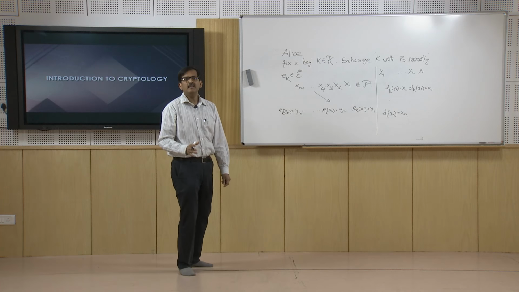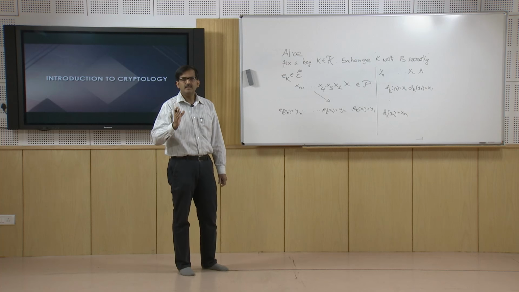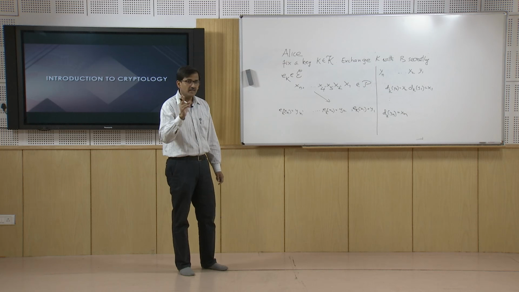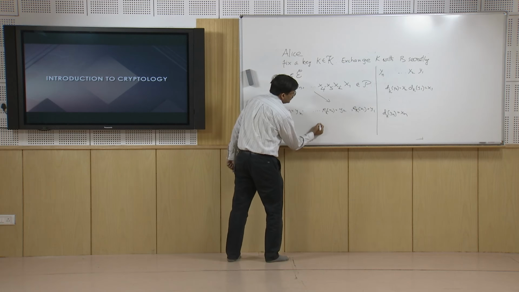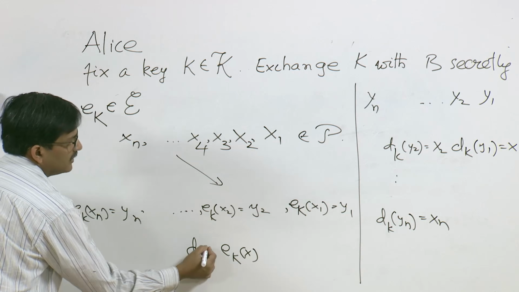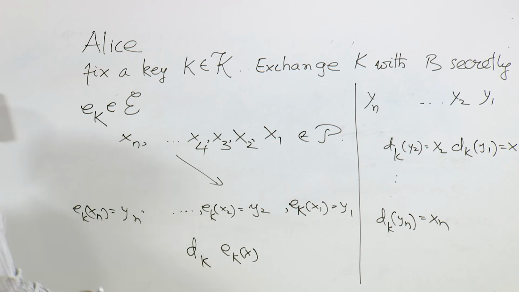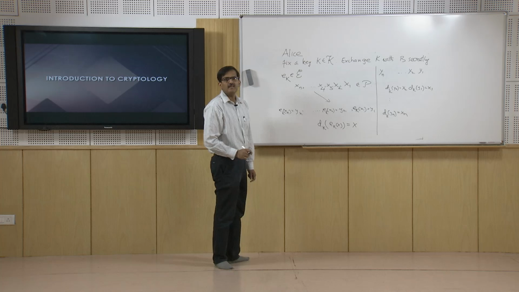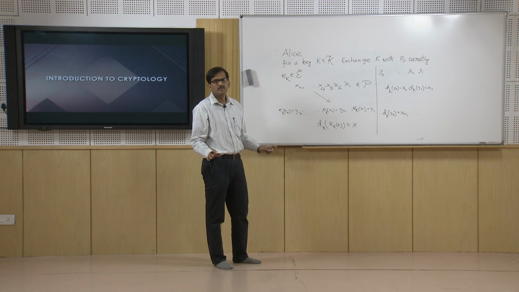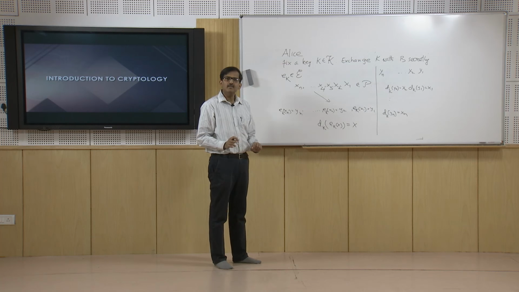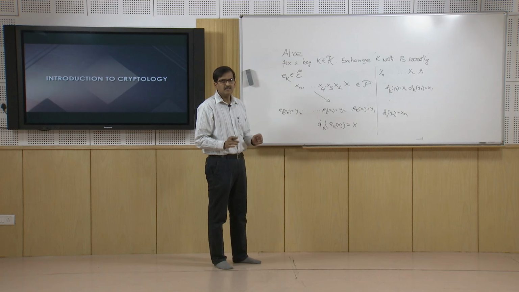Therefore, we see that there is something that is essential for the encryption and decryption functions: if you apply an encryption function ek over x and over that with the same key you apply dk, then you must get back x, otherwise decryption will be impossible. There is another very important property, that is, they have to be one to one functions.